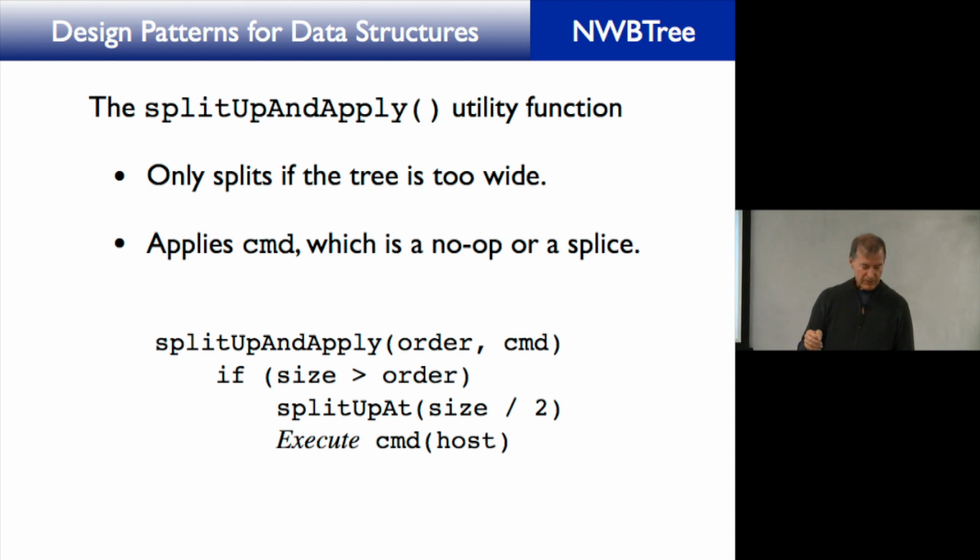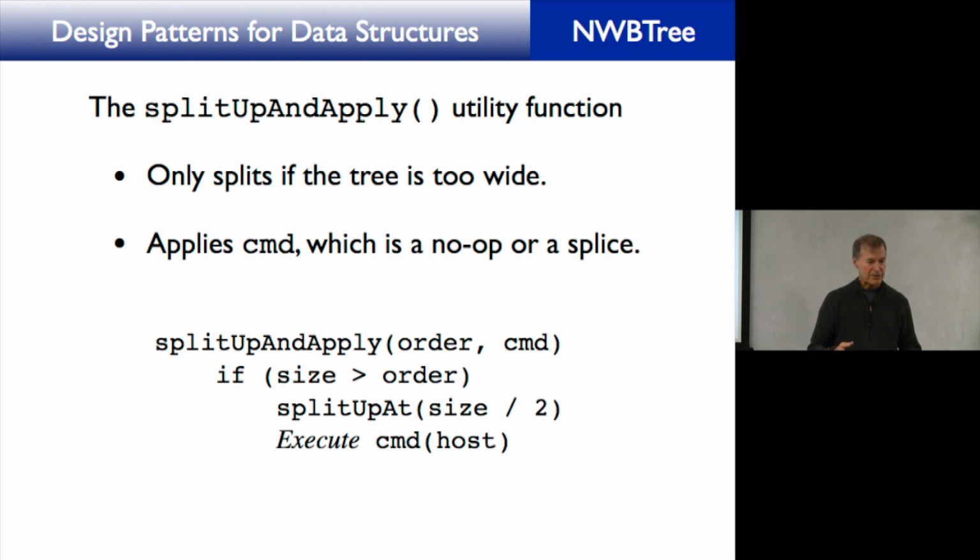And the code is: if size is greater than order. So what happens is, as stuff is moving up and down here, if you lift a value up or you push a value down, if a node gets too big, then the purpose of split up and apply is to fix that.